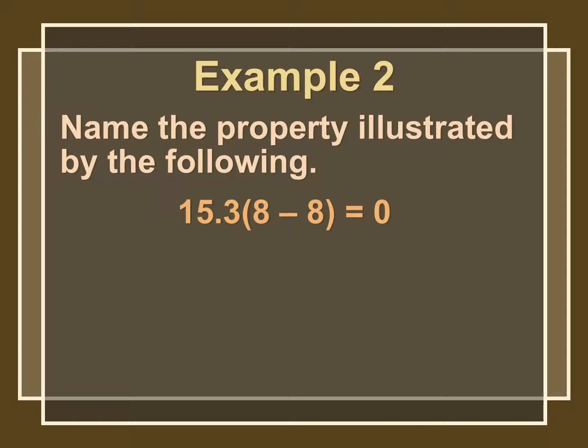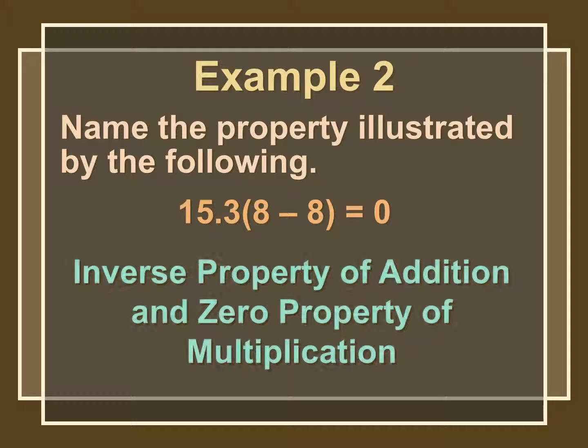All right, let's look at an example. Let's name this property. Okay, so we have 15.3 times 8 minus 8 equals 0. So this would be the inverse property of addition and the 0 property of multiplication. So it's the inverse property of addition because we're subtracting the 8 to get the 0, right?